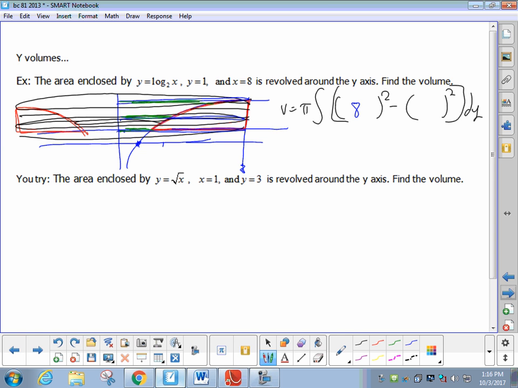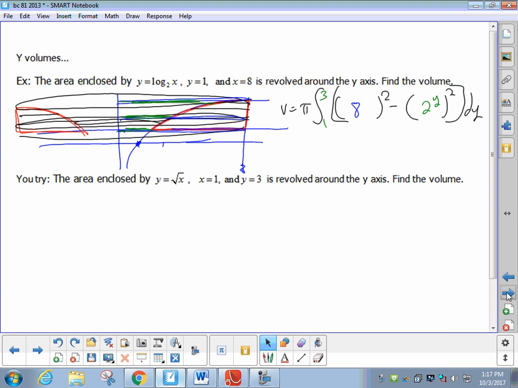It's the distance from the axis to the curve in y terms, so now this is 2 to the y. Limits of integration, are they 1 to 8? 1 to 3, because in y, the upper and lower bounds of the region are vertical, so it's 1 to 3. You slap that in your calculator and be good.